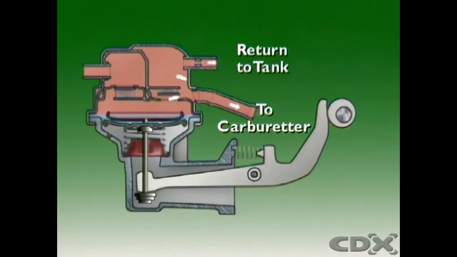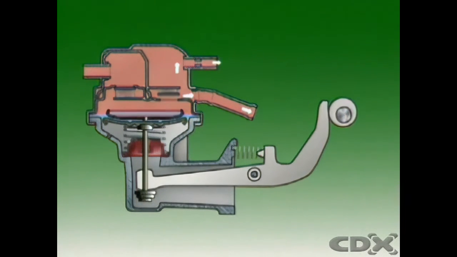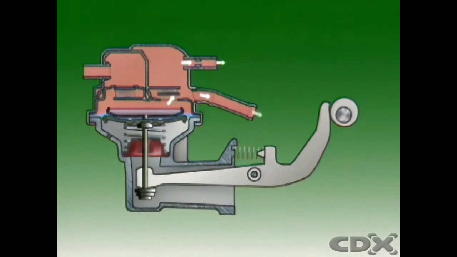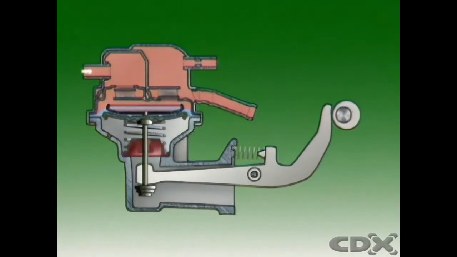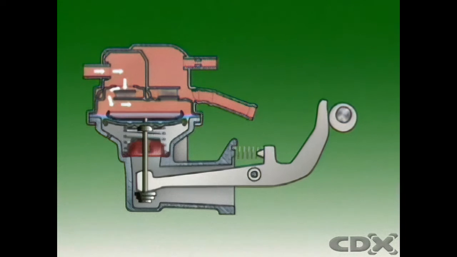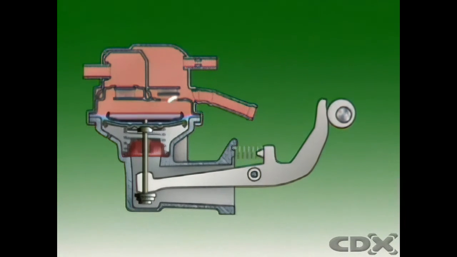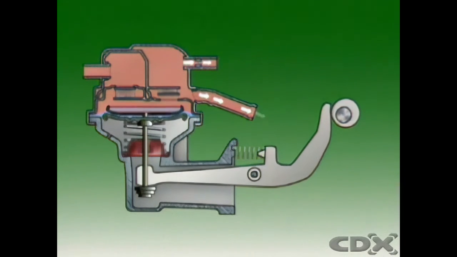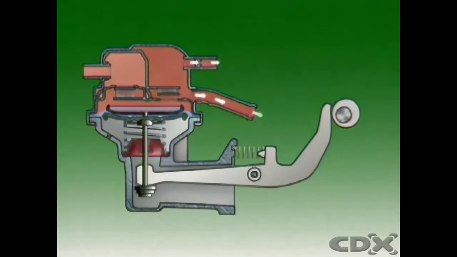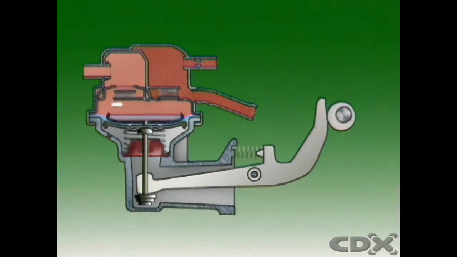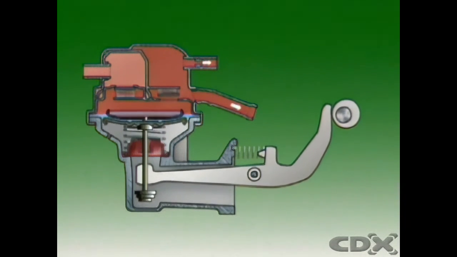The diaphragm spring moves the diaphragm up, and this forces fuel from the pumping chamber out of the pump and into the carburetor. When the engine needs more fuel, the diaphragm moves through a long stroke to pump a lot of fuel. When less fuel is needed, pressure builds up in the fuel line to the carburetor and in the pumping chamber above the diaphragm.